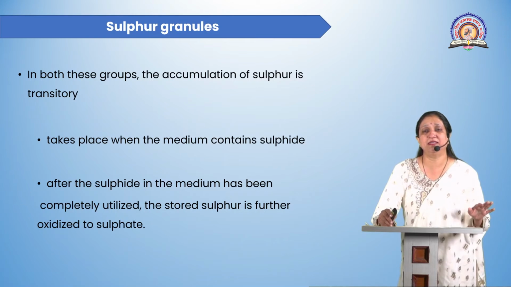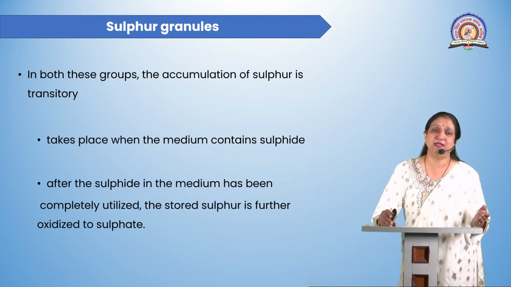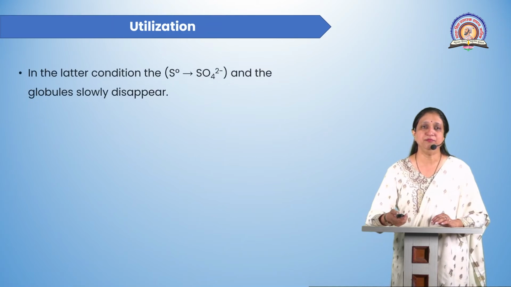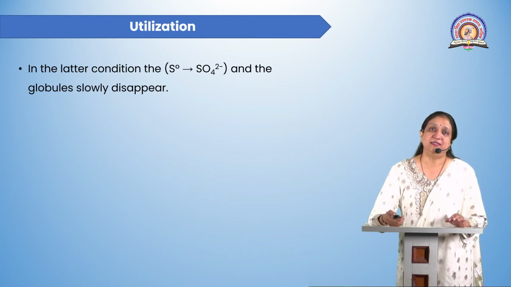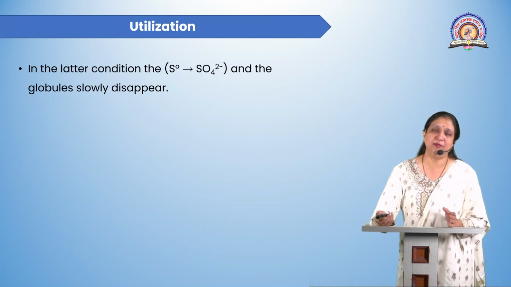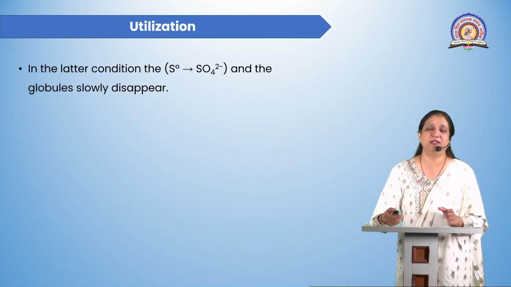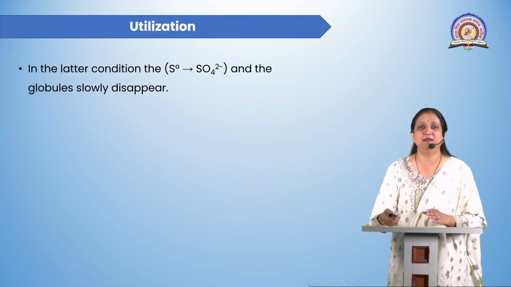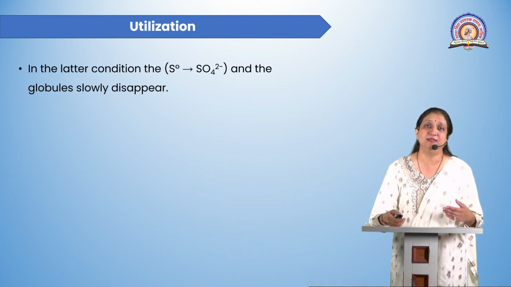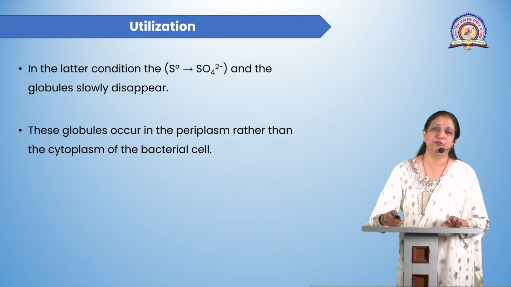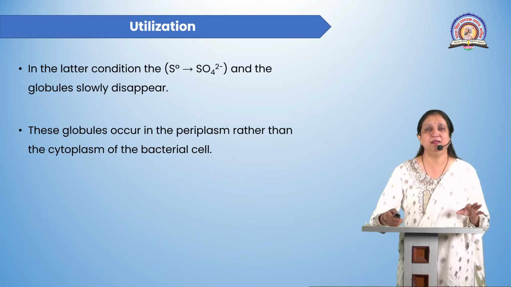At that time, the bacterial cell starts oxidizing this elemental sulfur to sulfate and uses it for energy or as an electron donor. If there is a deficiency of H2S in the medium, the elemental sulfur gets converted into sulfates and the globules slowly start disappearing from the cell. These granules do not usually occur in the cytoplasm.